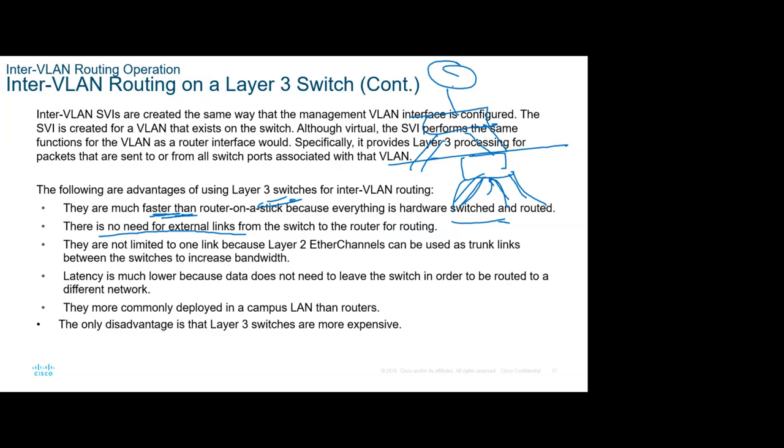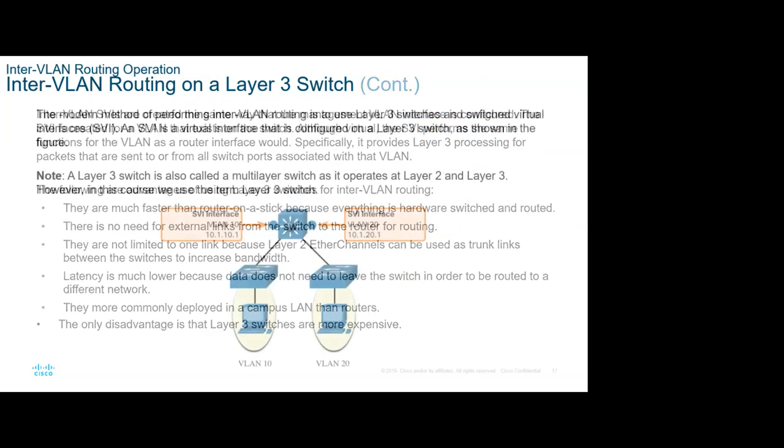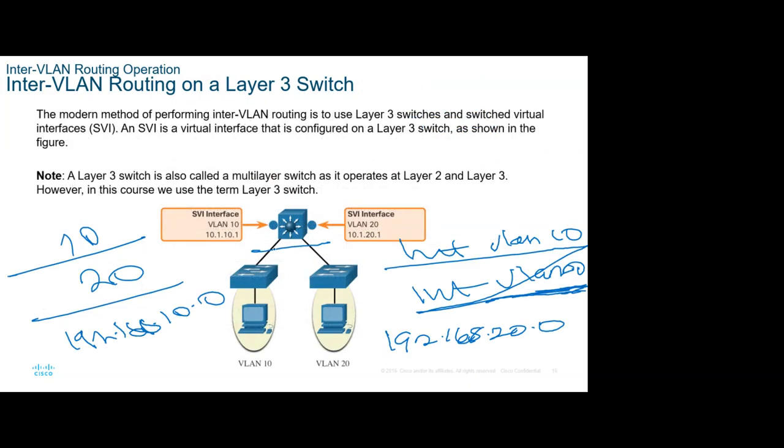Three, they are not limited to one link, because layer 2 EtherChannel can be used. In the scenario where you have a multilayer switch, like what you have here, you can actually combine this link with this one. In fact, it's one of the chapters that we're going to cover.